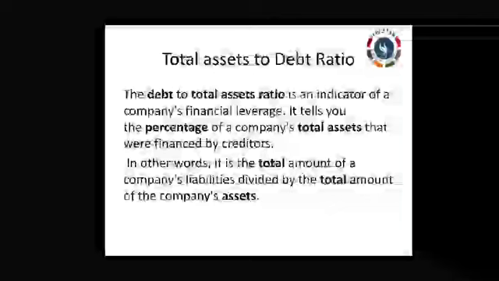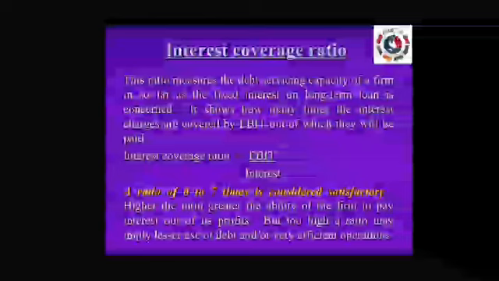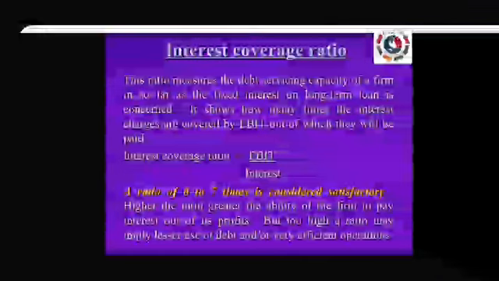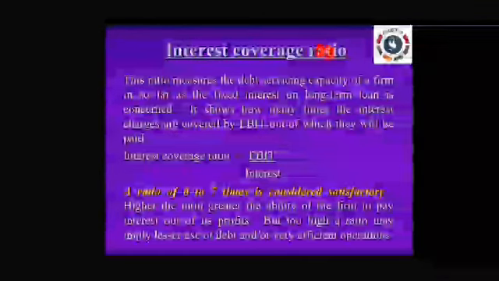And then total asset to debt ratio also gives main importance to the asset of the company. Interest coverage ratio is very simple: whether the company earns profit to pay its interest. So that is called interest coverage ratio.